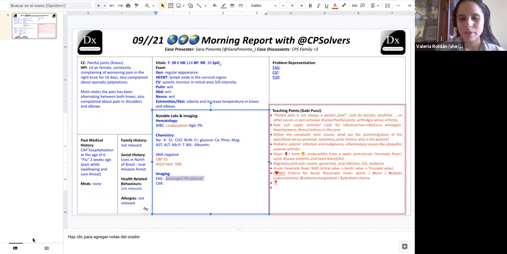So we were thinking about a prolonged PR interval, and I see some thoughts on the chat about what this could be. Oh, I love that Pearl, Tiago, about the PR interval. Could you share it with everyone on the audience, please? Yeah, sure.